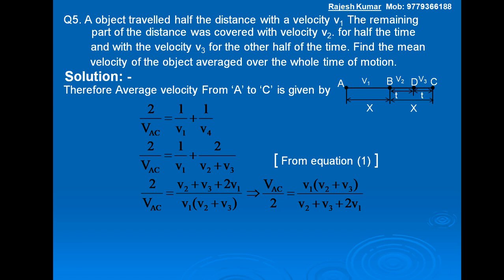Taking reciprocal, VAC upon 2 is equal to V1 into V2 plus V3 within the bracket, whole upon V2 plus V3 plus 2V1. Hence the average velocity from point A to C is equal to 2V1 into V2 plus V3 within the bracket, whole upon 2V1 plus V2 plus V3.